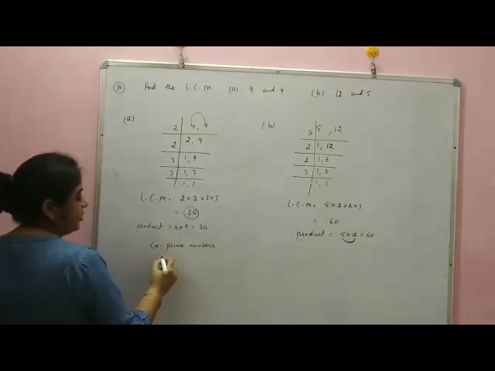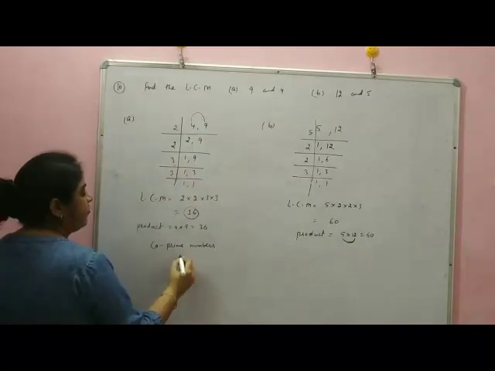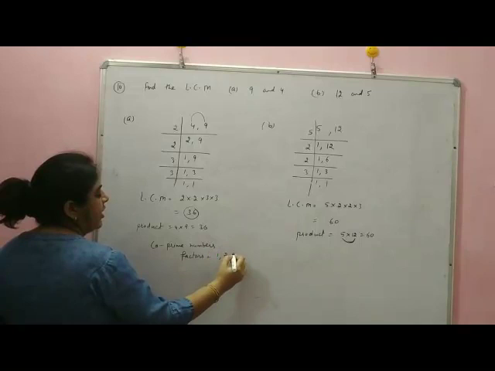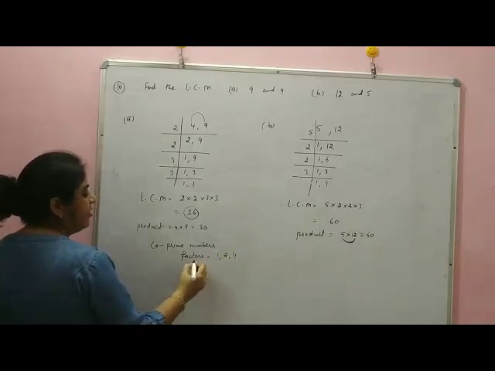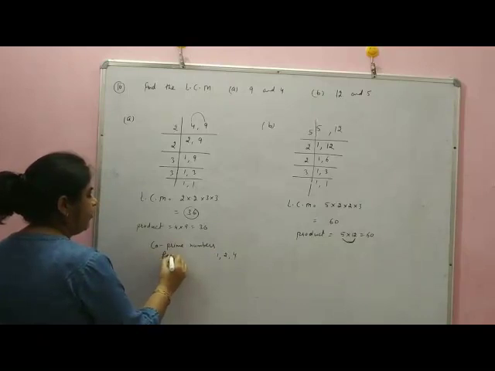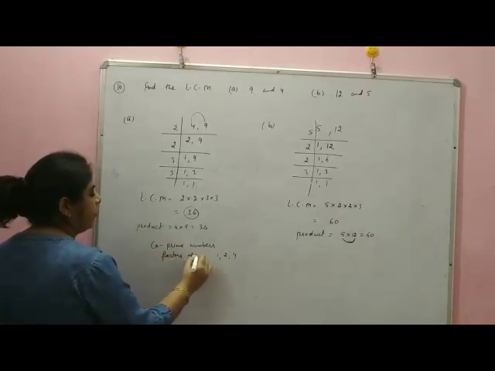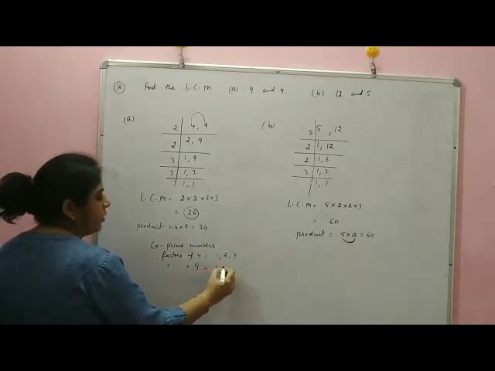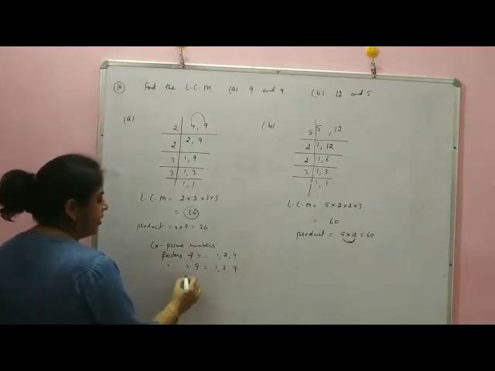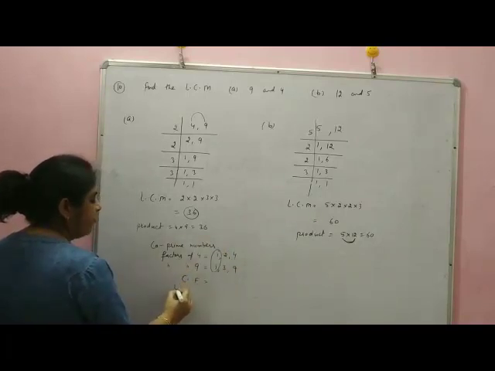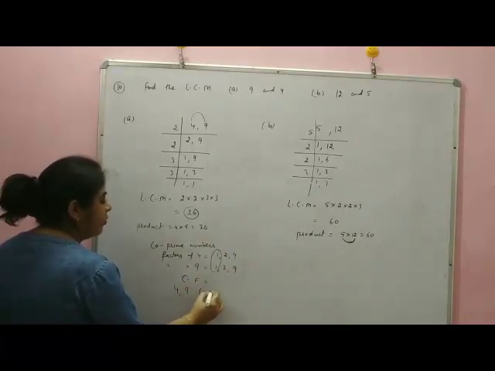See, what are the factors of 4? 1, 2 and the number itself. These are the factors of 4. Now what are the factors of 9? 1, 3, 9. What is the common factor here? Only 1. It means 4 and 9 are co-prime.